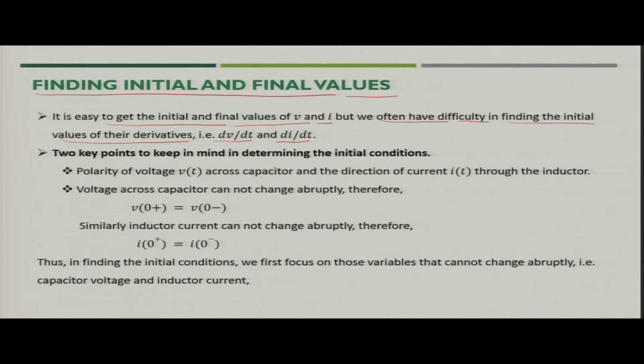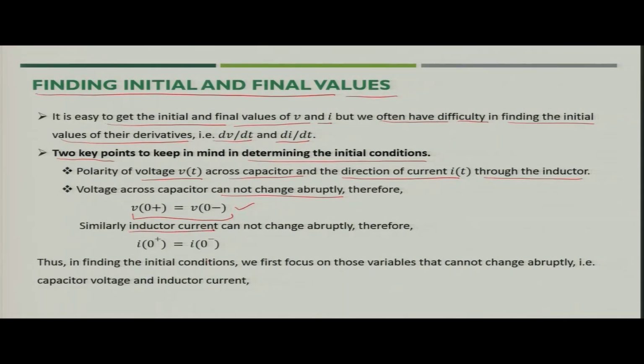We have to keep two major points in mind while we determine the initial conditions. First, we must always keep in mind the polarity of voltage v(t) across the capacitor and the direction of current through the inductor. Then, the voltage across the capacitor cannot change abruptly. That is why voltage at 0 minus instant equals voltage at 0 plus instant in the case of a capacitor.